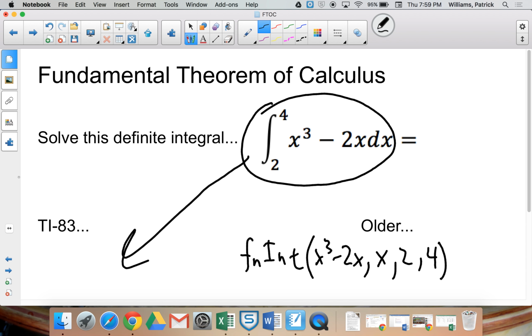Whereas if you're going to be using FNINT, again, you put in your function first, then the variable x because we're integrating with respect to x, then the lower limit, then the upper limit. Then if you did this correctly, you should get that this integral is equal to 48. If you were not able to get 48, try to do it again, try to plug it in, because it's very important that you understand how to use FNINT as we go forward in this class.